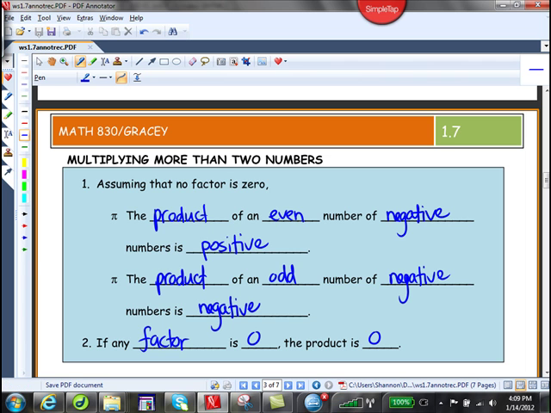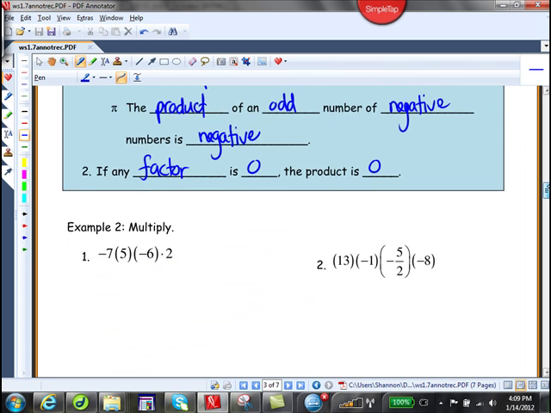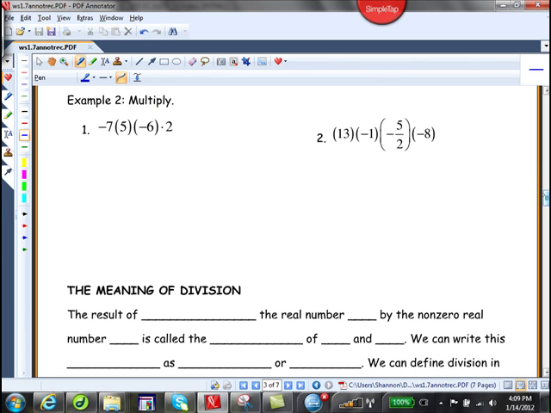Okay. So let's check it out. This next example, go ahead and pause the movie and multiply away. Okay, let's see how you did. I see two negative numbers, so I know that the end result's going to be positive, right? It's always nice to do the multiplications in the order that's going to be easiest.